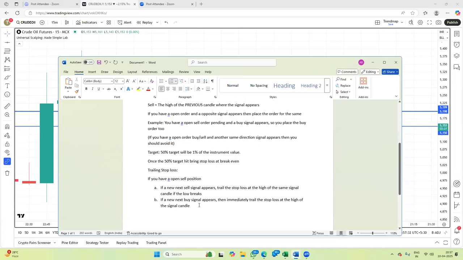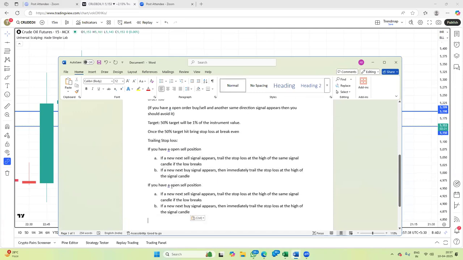I will explain what it means. The reverse should be true if you have open buy positions. Then if a new buy signal appears, trail the stop loss at the low of the signal candle if the high breaks.